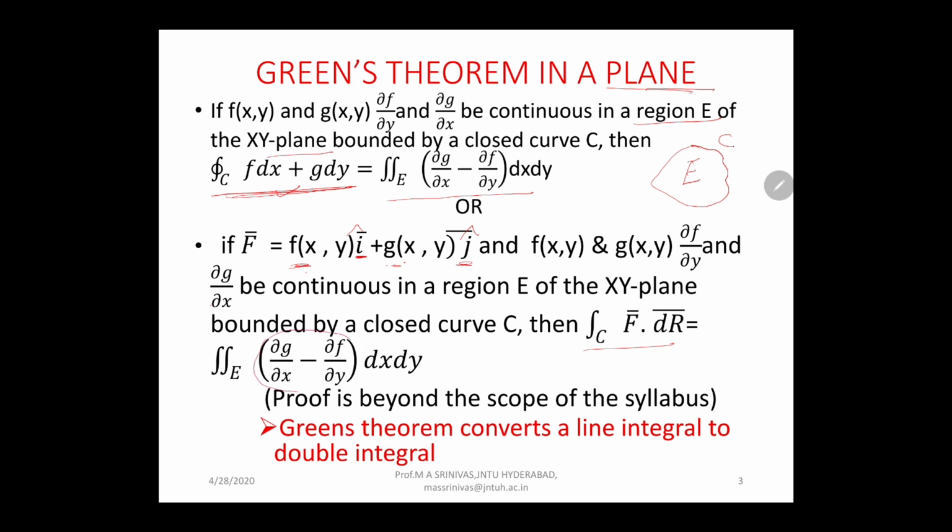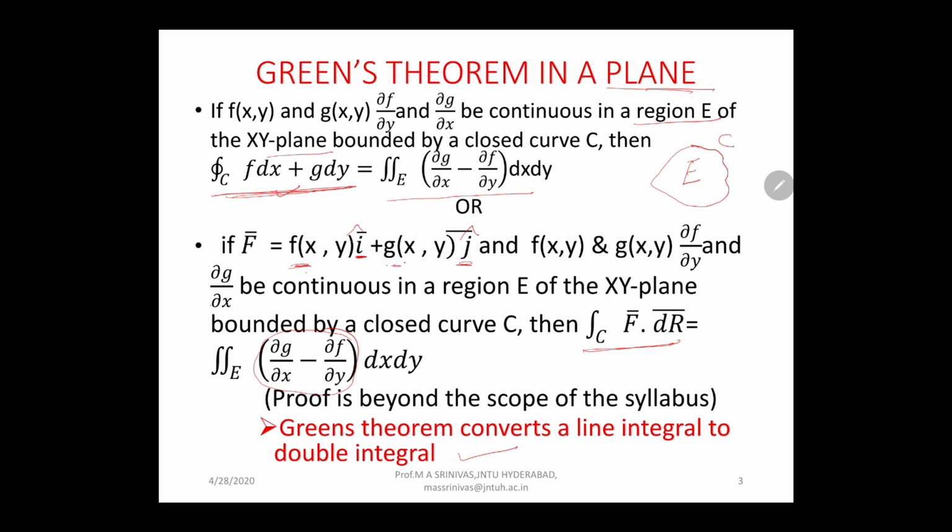This is the difference of the derivatives of the y component with respect to x and the x component with respect to y, dx dy. So Green's theorem converts a line integral to a double integral.